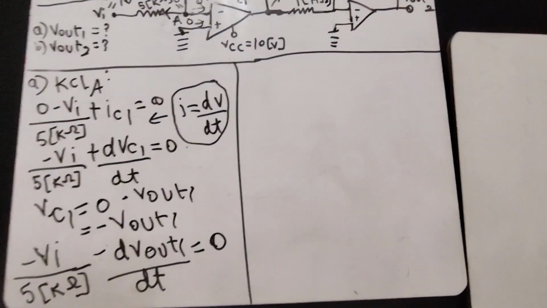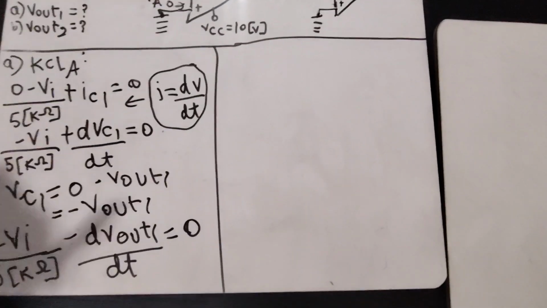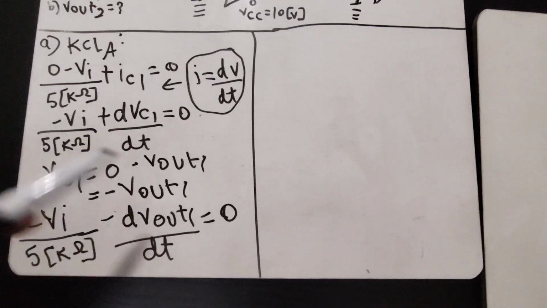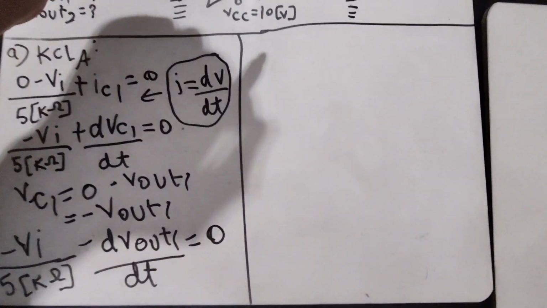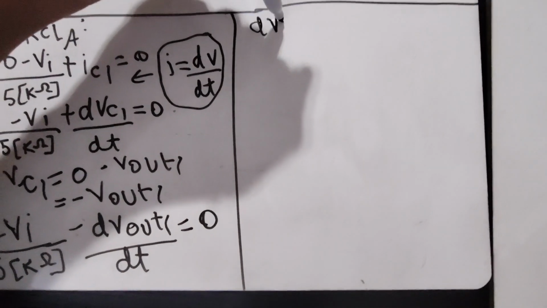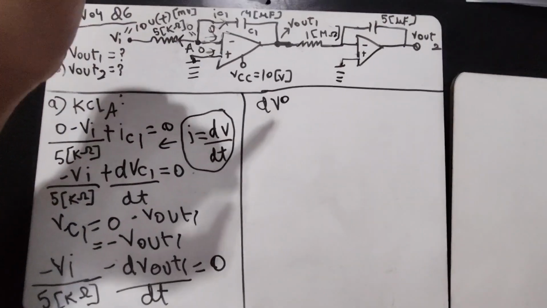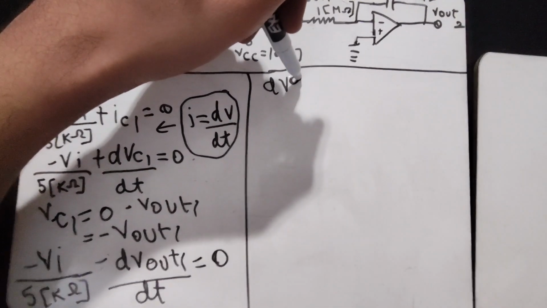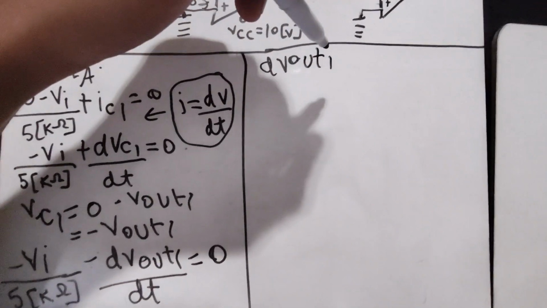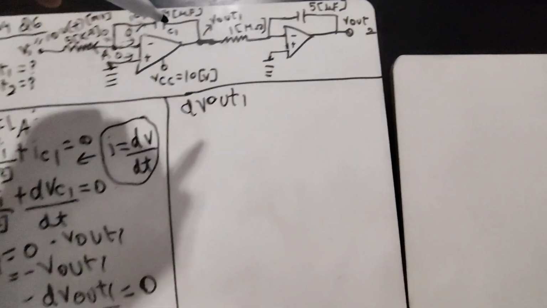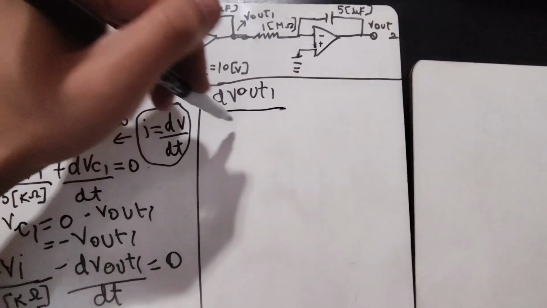Now we have to find Vout1, so we isolate the derivative of Vout1 over dt.